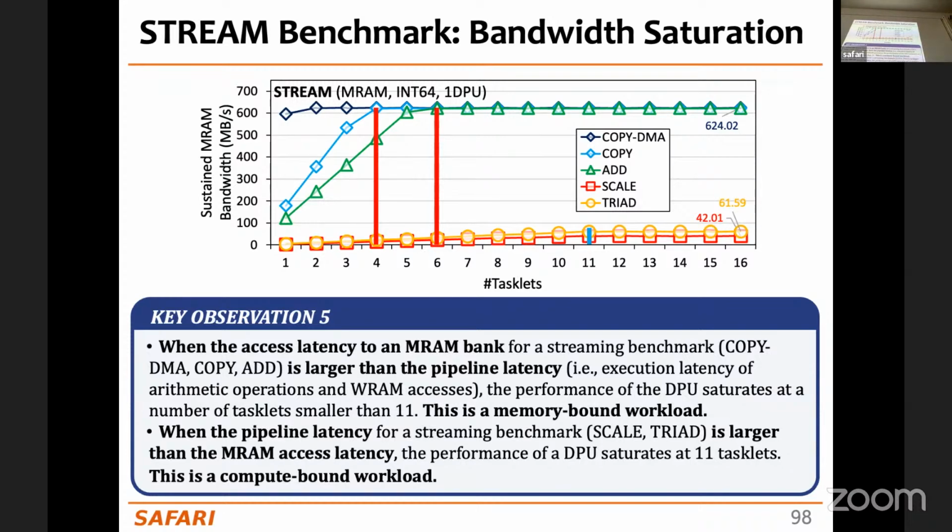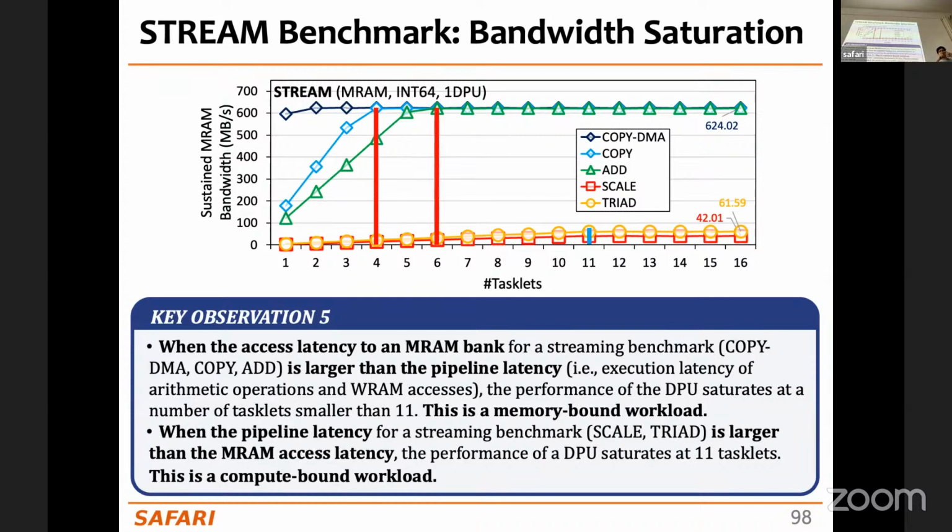But as soon as we do something a little bit more complex, like in scale and triad, in scale we use multiplication, and remember that multiplication is emulated, so it takes more cycles, up to 32 cycles for 32-bit integers, or triad that uses multiplication and addition. Now we start saturating at 11 tasklets. The reason for that is that the latency of executing instructions in the pipeline is hiding the latency of the memory accesses.